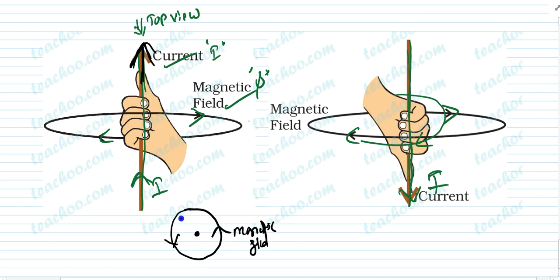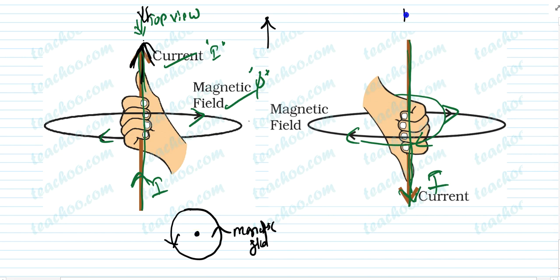So that is the top view. The arrow mark shows as a tip point here, isn't it? That's why I'm showing it with the dot point.